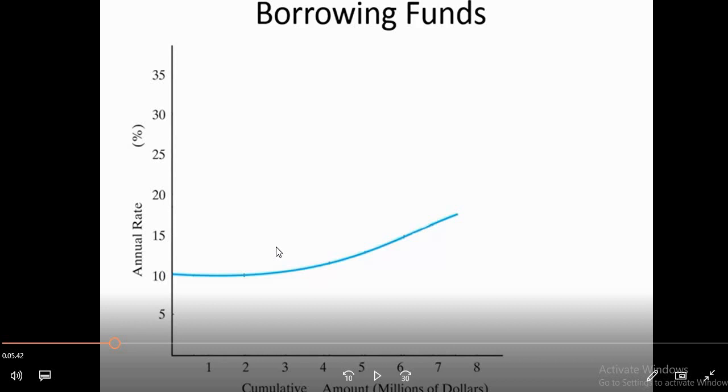For that amount, if the company borrows funds from a bank, then up to the $2 million, the bank gives that amount at some interest rate, 10%.